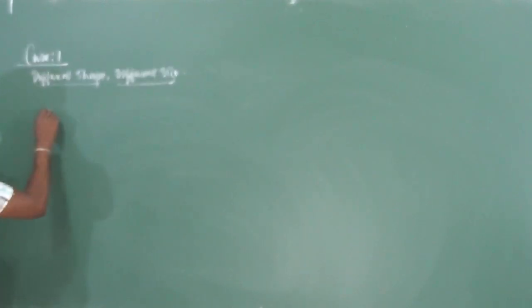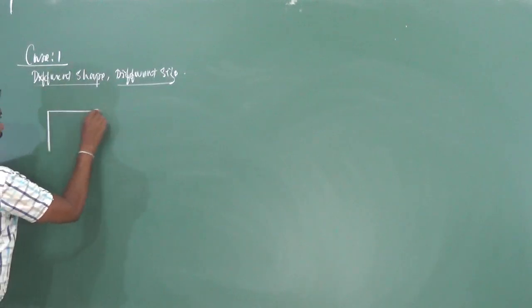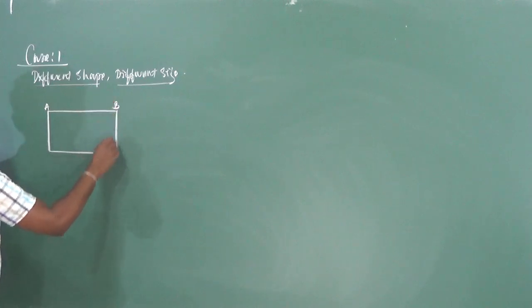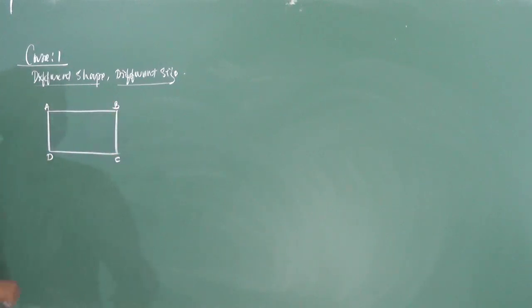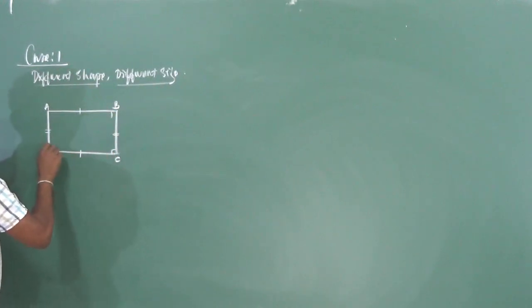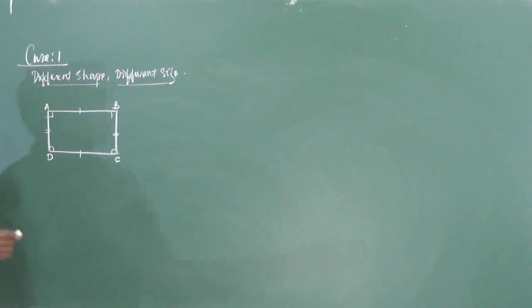I have a rectangle. I will call it rectangle ABCD. Here opposite sides are equal, we know that, and all the 4 angles are equal to 90 degrees. You have studied this in your 8th standard geometry.